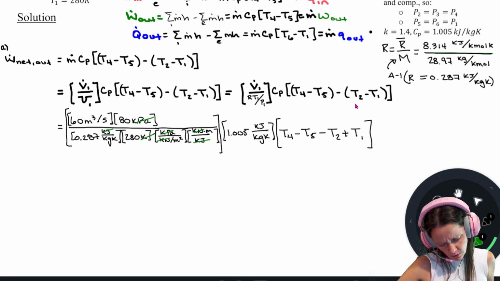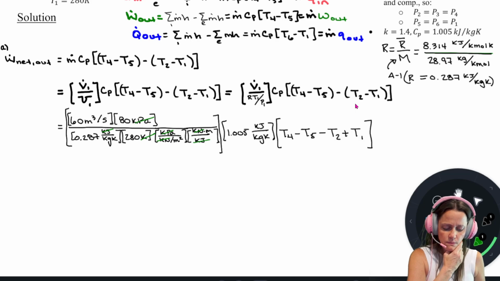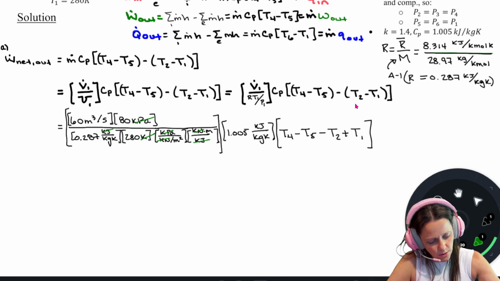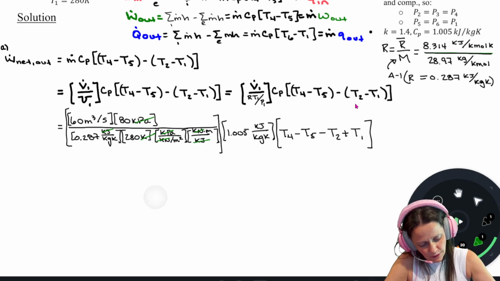Actually, wait a minute. I think I went, perfect. I was afraid for a second. Kilogram, kilogram, Kelvin, Kelvin, meter squared.